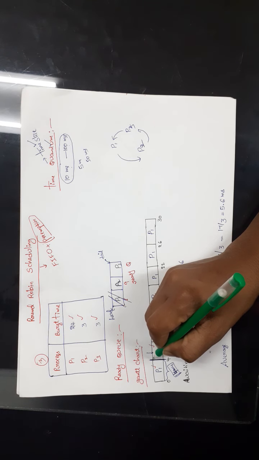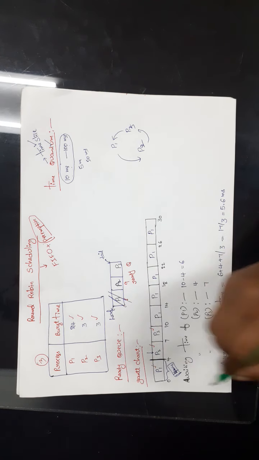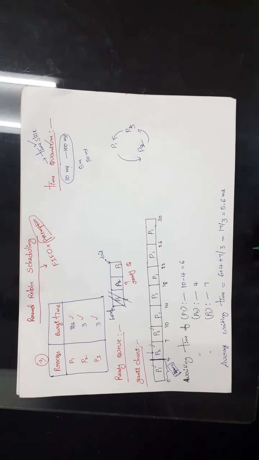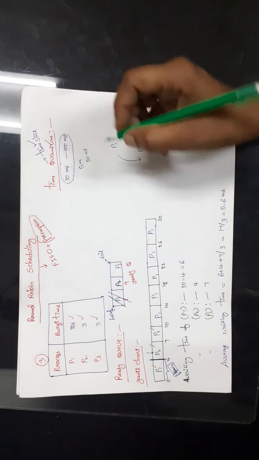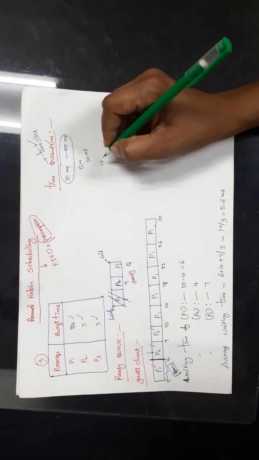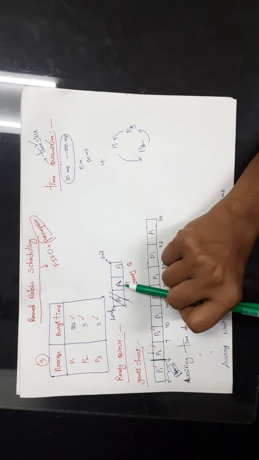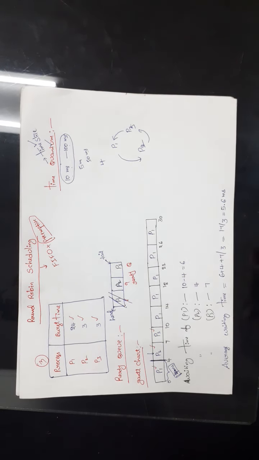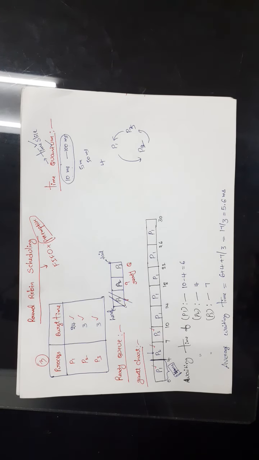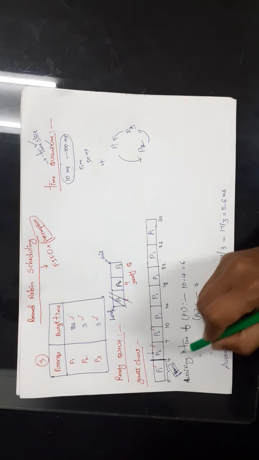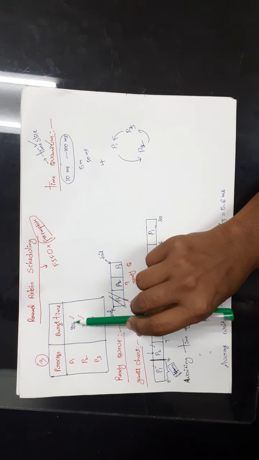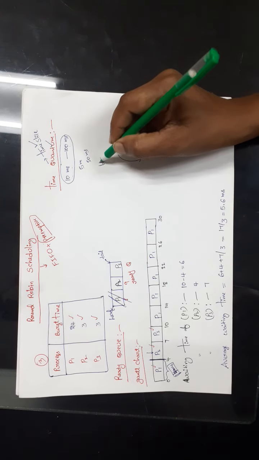That means we should forcefully take the CPU from that process and give the CPU to some other process. For this process also we should give only 4 milliseconds. After that we should take the CPU from this process and give the chance to P3. So if you observe, the P1 process has a burst time that is more than the time quantum.